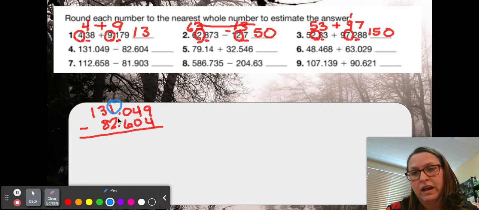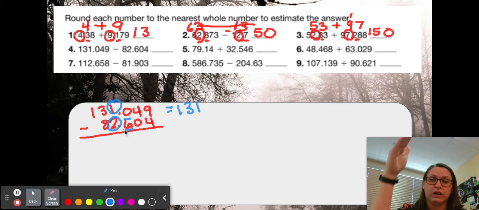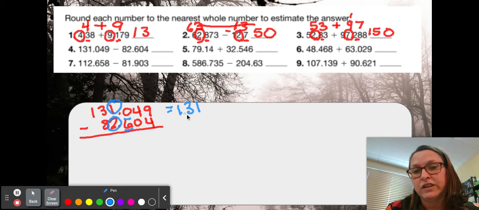So 1 and 2, and I'm looking at the 0 and 6. 0 falls in the category of 4 or less, let it rest. So my 131.049 will equal 131. 6, on the other hand, is 5 or more, raise the score. So my 82 will become an 83.